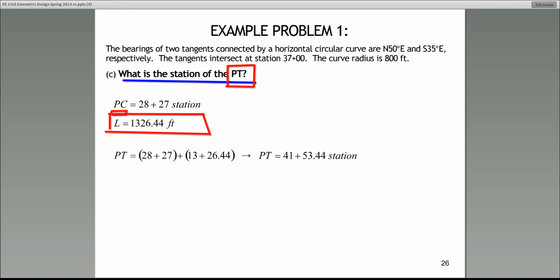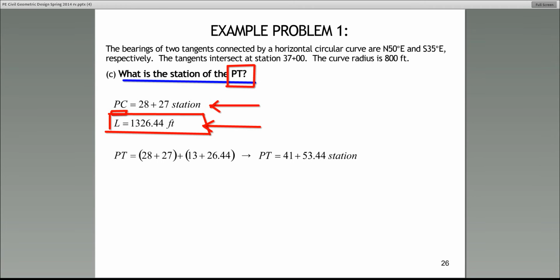The only correct way is to calculate the length of the curve, L, and add that length of the curve to the station of the PC. In this case, the station of the PC is 28 plus 27. We just calculated that together. I repeat: the only correct way to calculate the station of the PT is to take the station of the PC and add to it the actual length of the curve.